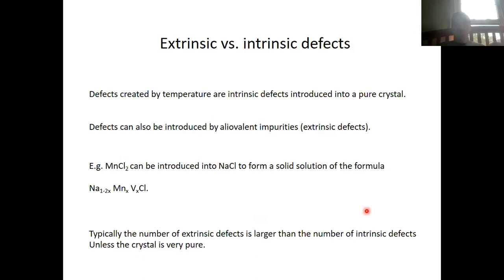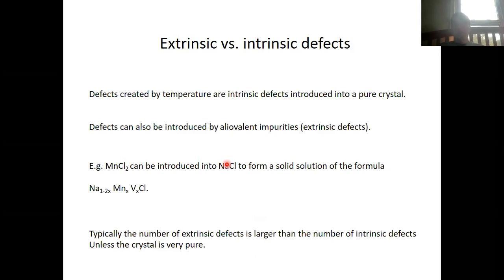Aliovalent means that we have an ion present which has a different charge than the regular ions in our crystal. So, for instance, we can introduce manganese chloride impurities into a sodium chloride crystal. That means manganese substitutes some of the sodium ions in the sodium chloride crystal.